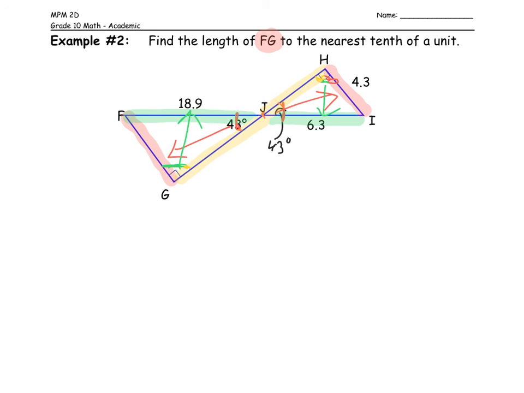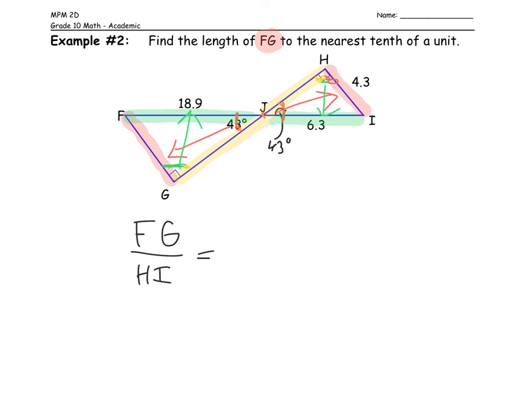So I want FG. FG is what I'm looking for. And what is it proportional to? Well, it's proportional to HI here, so I'm going to write that in. And then, so where are my other two pieces of information?